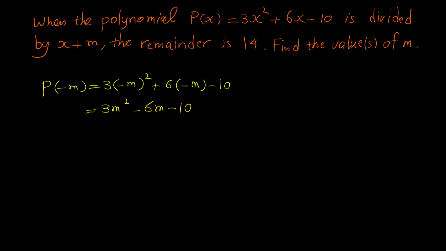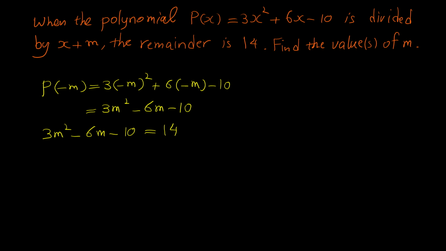But based on the information given in the question, we know that the remainder should be equal to 14. So we have to set this remainder equal to 14. Now we solve this for m and we can find the value of m.